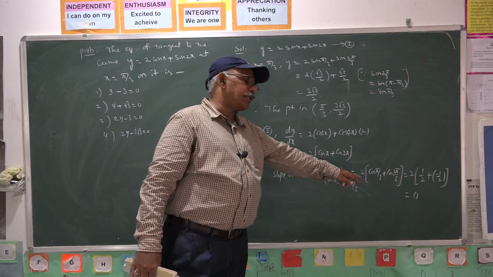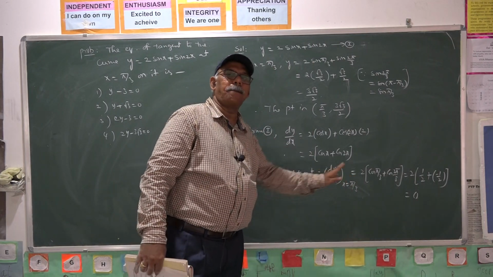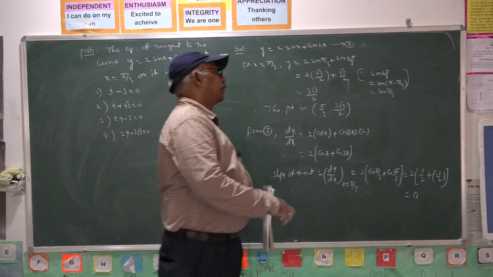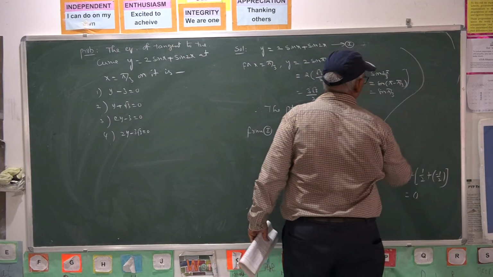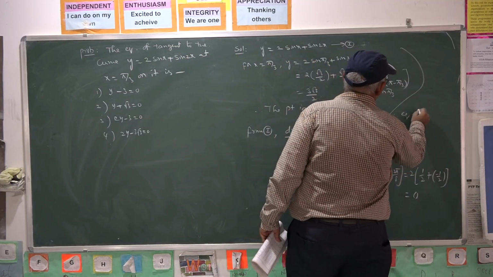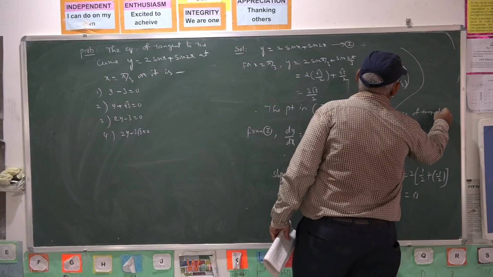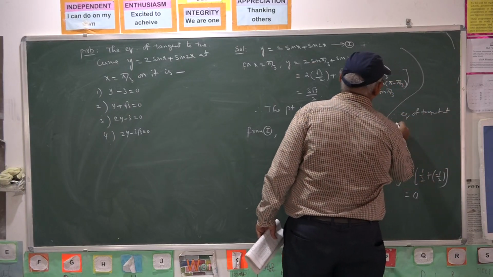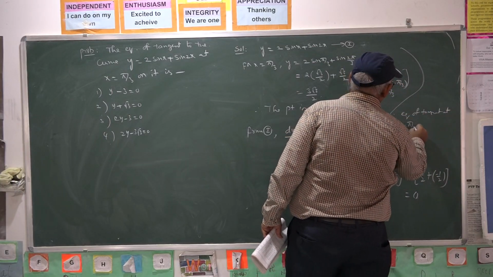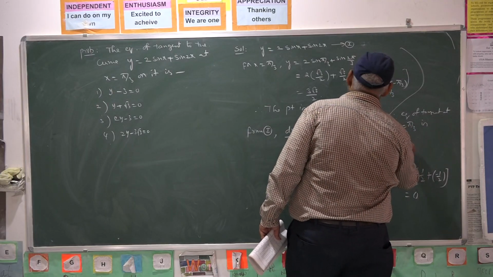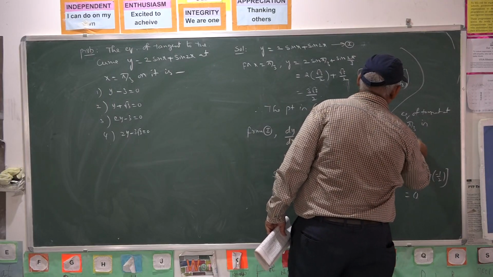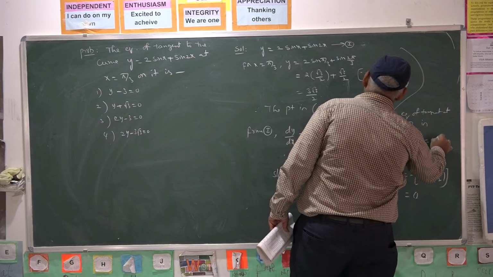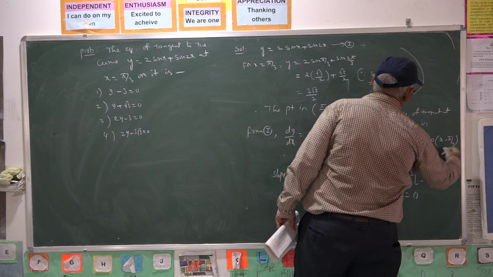Once the slope of the tangent is 0, the tangent is parallel to x-axis. So equation of the tangent at x equal to pi by 3 is y minus 3 root 3 by 2 equal to 0 into x minus pi by 3.